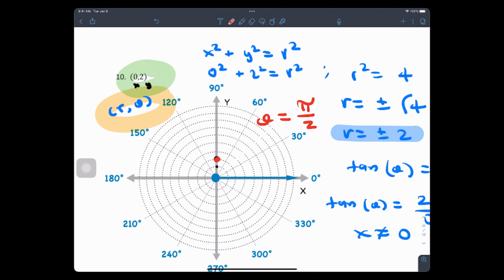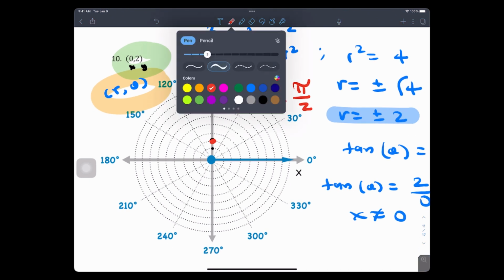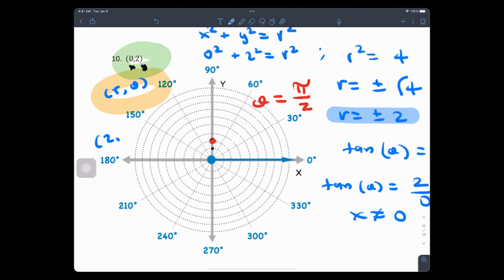That's the location. So use the positive radius of 2 and the angle of 90 degrees. So there you go, ladies and gentlemen. You did convert from rectangular to polar.